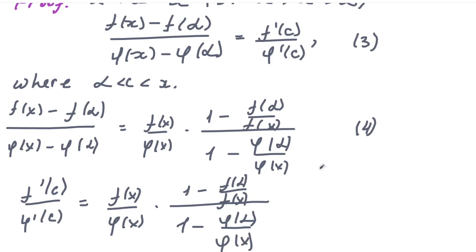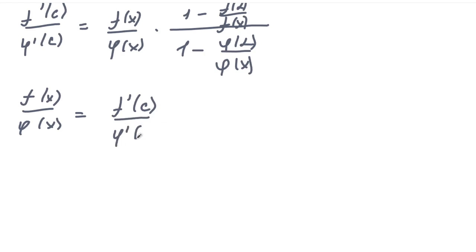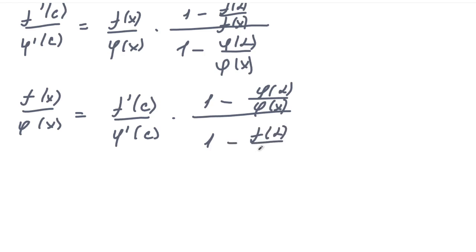Whence we find f of x over phi of x equals f prime of c over phi prime of c times 1 minus phi of alpha over phi of x over 1 minus f of alpha over f of x. Expression 5.